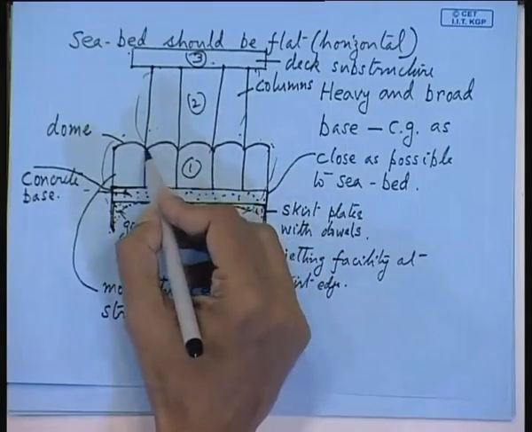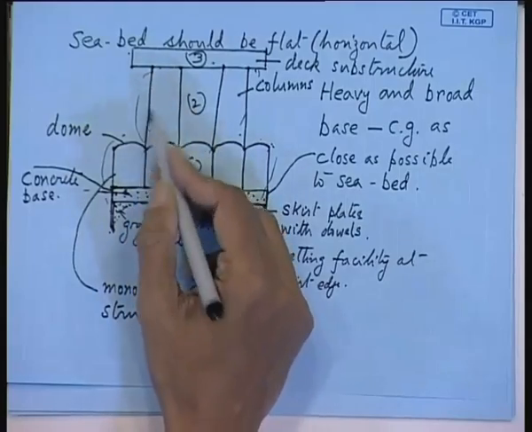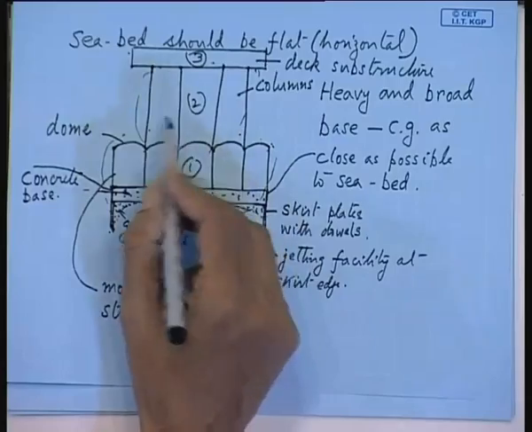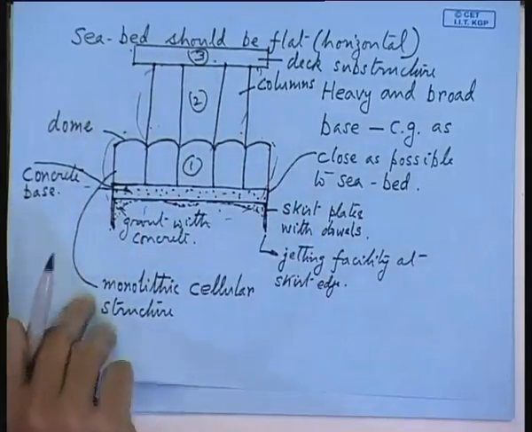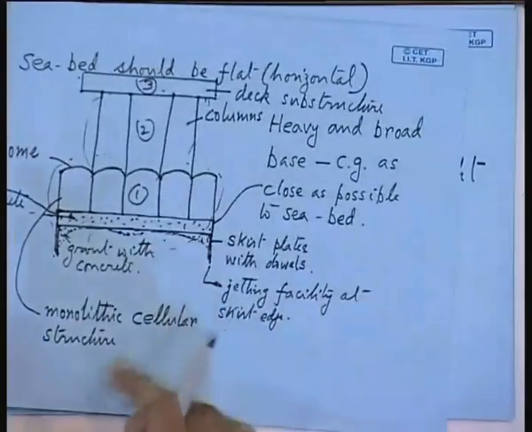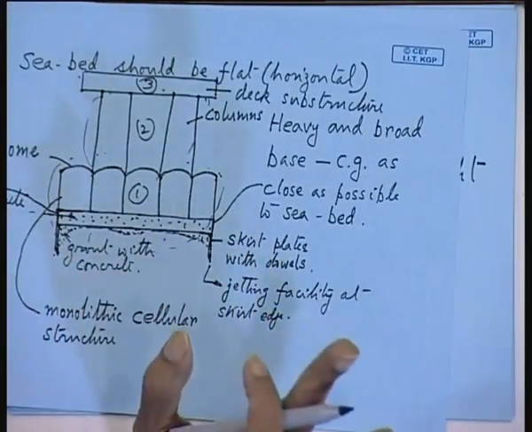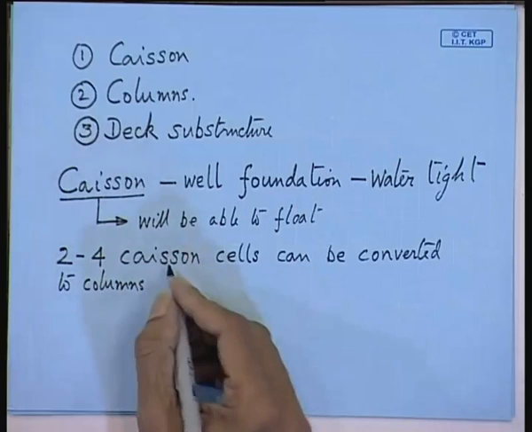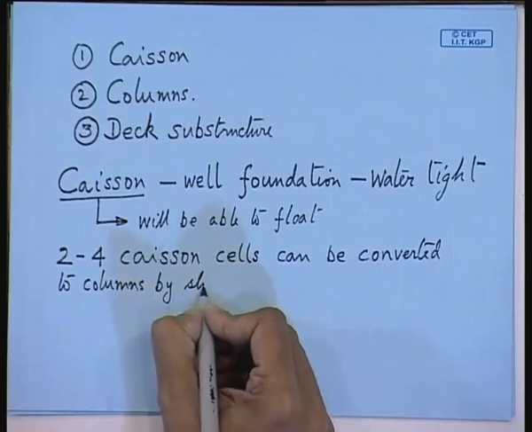You don't have the dome, you just continue your construction. Now all this is done as afloat construction. Columns are not built in the shipyard. You have to do what is called afloat construction. Shipyard construction will be just part of the base, that's all. The cells can be converted to columns by a process called slip forming.